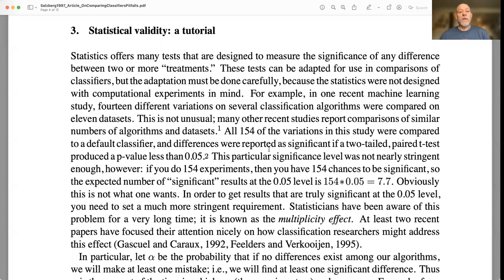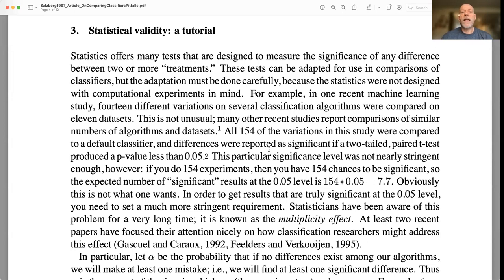Statistical validity, a tutorial. Statistics offers many tests that are designed to measure the significance of any difference between two or more "treatments." Treatments is a term that comes from biological and medical practice. So traditionally treatments might be something like putting one fertilizer versus another on a plot of land.